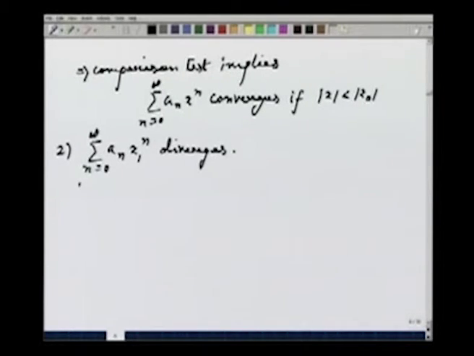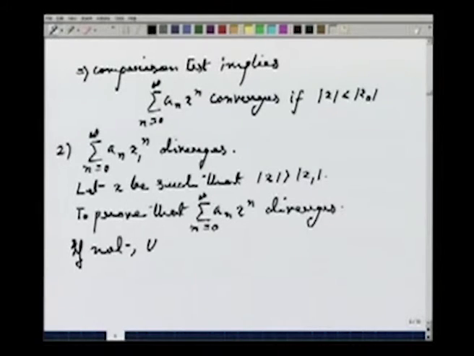Let me choose an x. Let x be such that modulus of x is bigger than modulus of x1. I want to prove that summation a n x to the power n diverges.